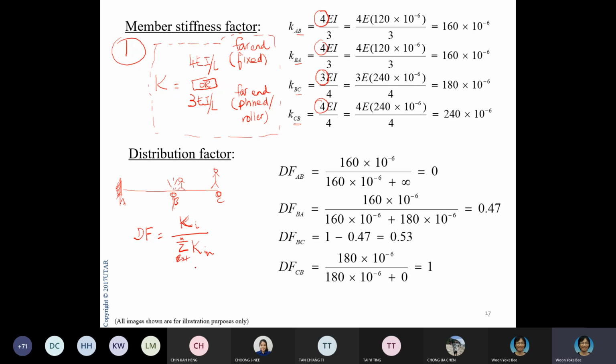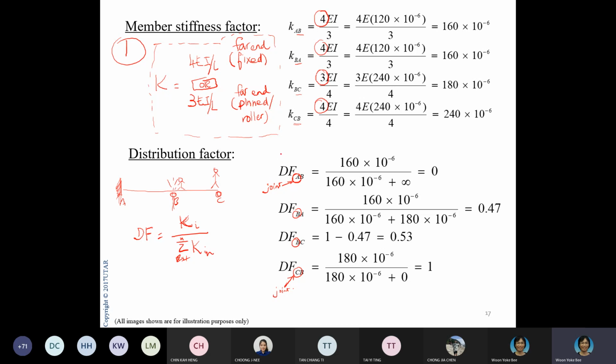So the sum of all the members that are connected to the joint. Okay, so in this case, the first letter here represents the joint connection. So this is joint B, and here we are talking about joint C. The first letter always represents the joint.